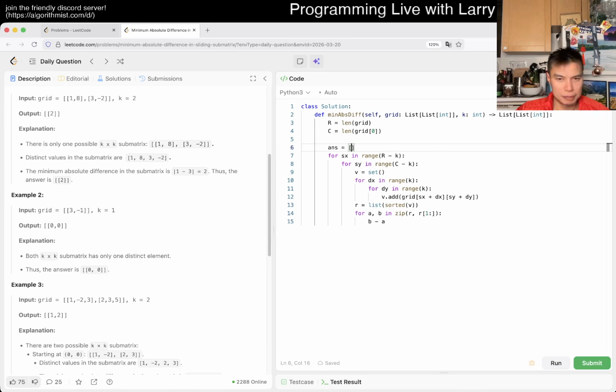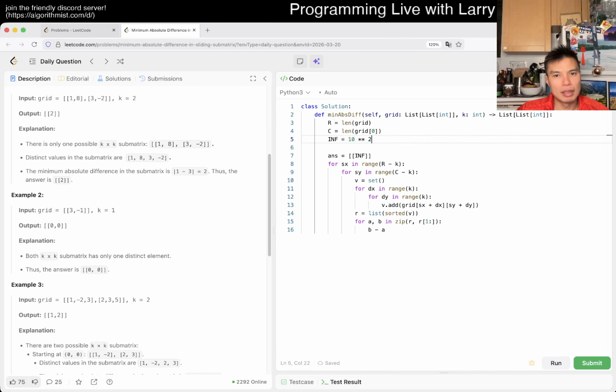Let's just say infinity, right? That's not quite right, right? It's this minus k plus 1, maybe? It's very possible that I've been off by 1 in a lot of places.